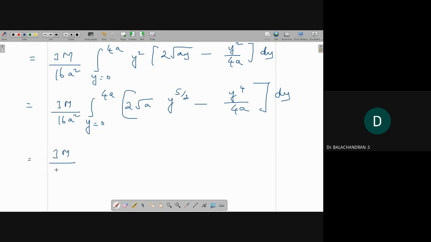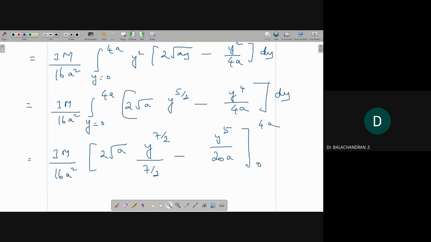So 3m by 16a square, 2 into root a, y power 5 by 2 plus 1 is 7 by 2 divided by 7 by 2, minus y power 5 by 5 into 4a, that is 20a, from 0 to 4a.